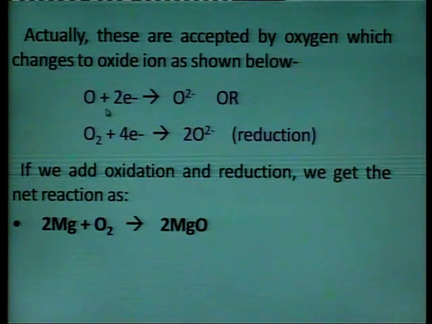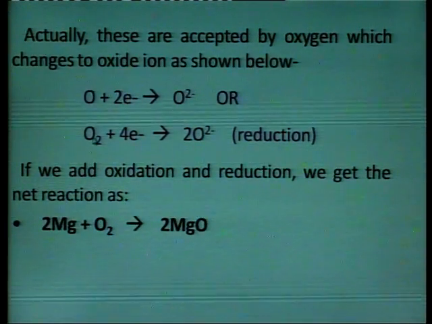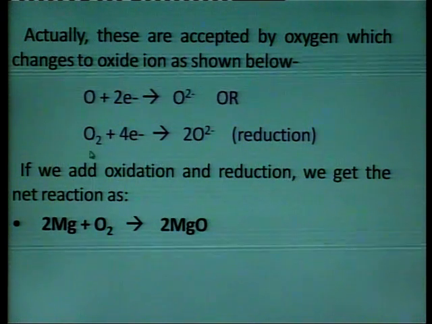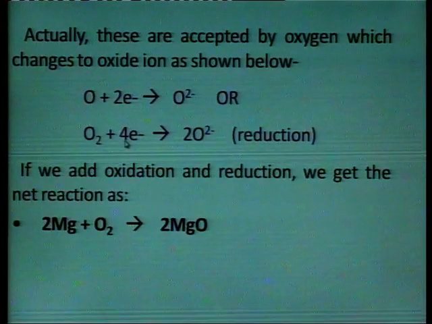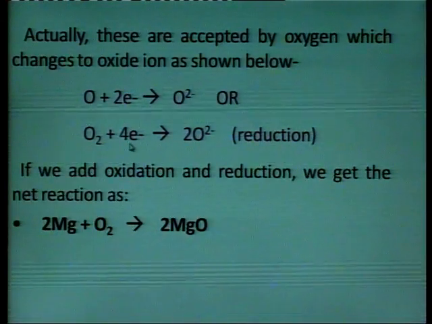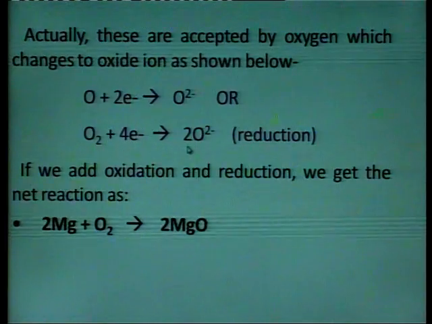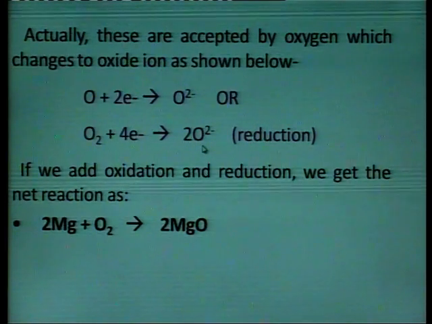To balance this equation, let us change O into O2, that is the molecular form of oxygen. It will require 4 electrons and it changes into 2 oxide ions.